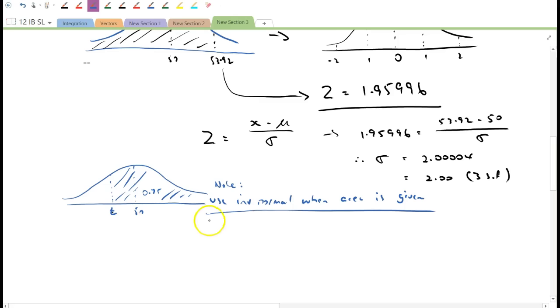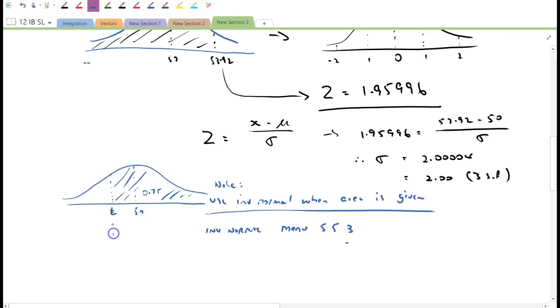So what we've used is inverse normal, which is menu 5 5 3, and we've put in 0.75 as our area, 50 as our mean, 2.00004 as our standard deviation. Because we know the area, we use inverse normal. That then tells us what this value here, t, is.